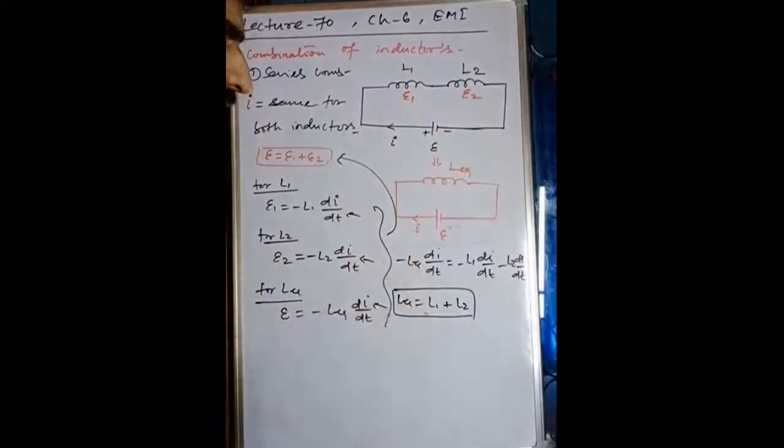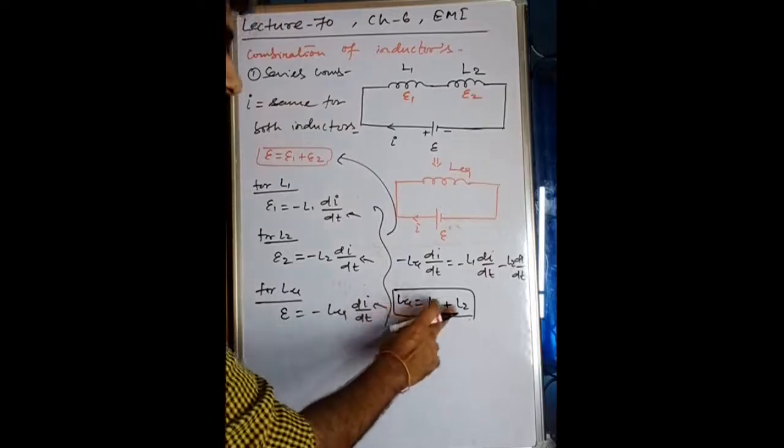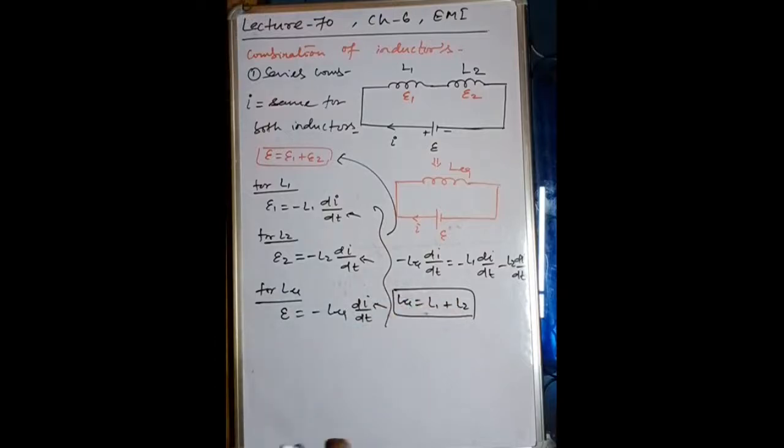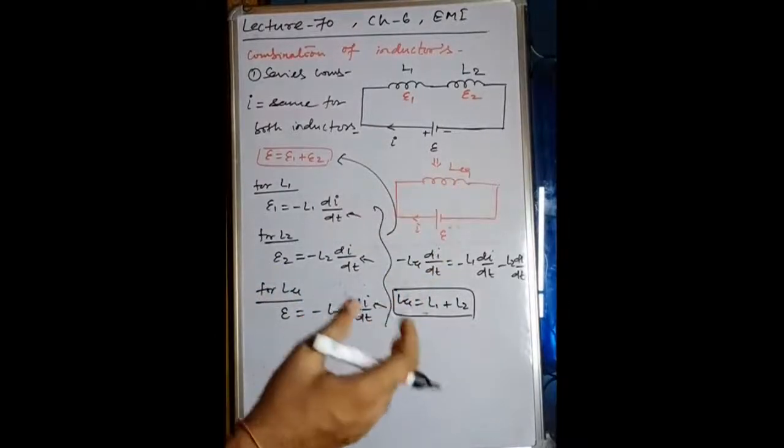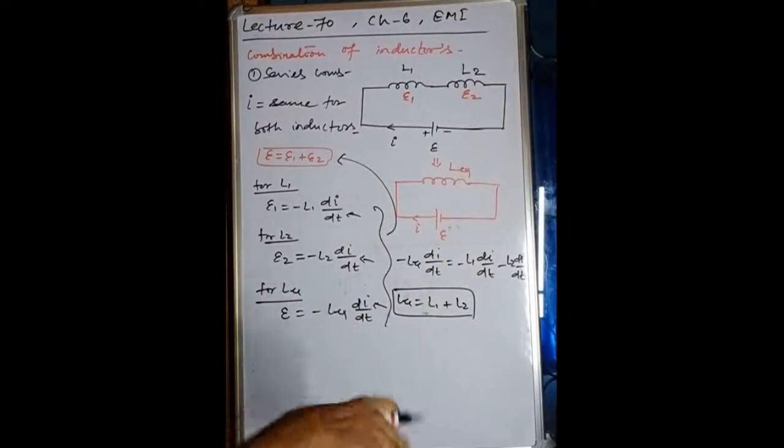It will remain L1 plus L2, because this is the inertia, the property, like the resistance, like the mass. Actually we used to give the negative sign, that is the back EMF, and that negative sign is used for the EMF, not for the inductance. So L equivalent will be L1 plus L2.